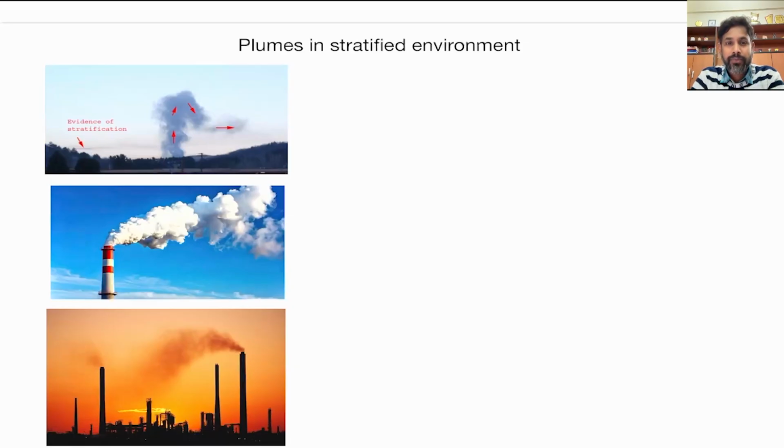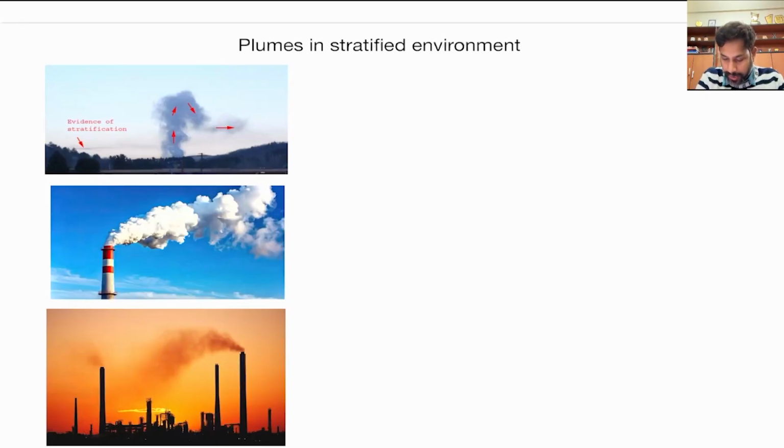The plumes we have studied so far are plumes in unstratified ambient, where the plume just rises up or goes down straight vertically. But here the plume is not really going straight up, rather it is getting diverted in the horizontal direction.